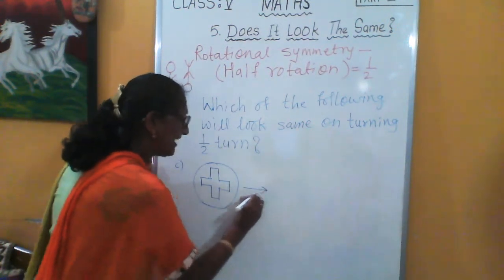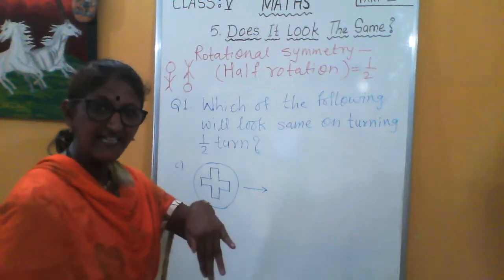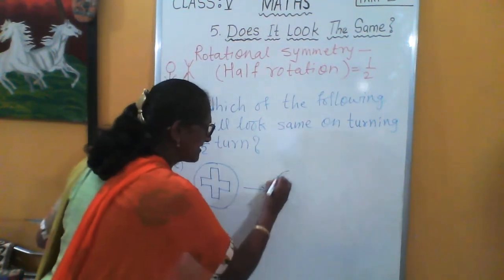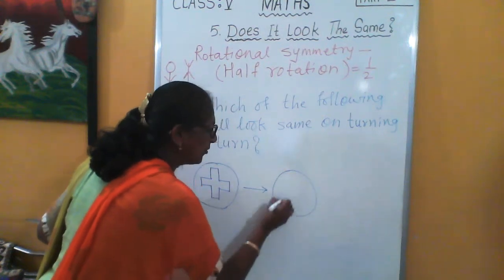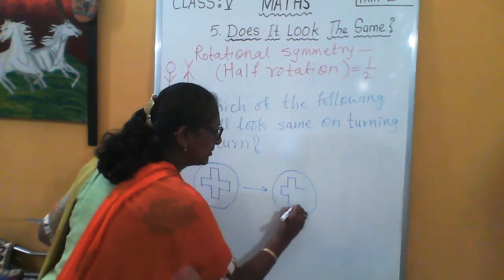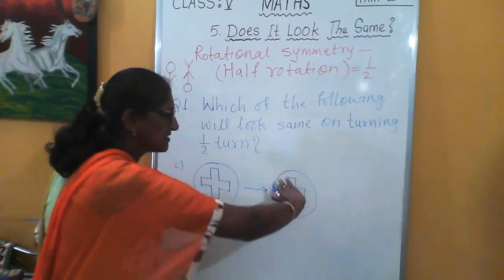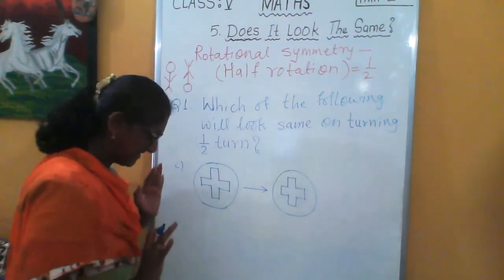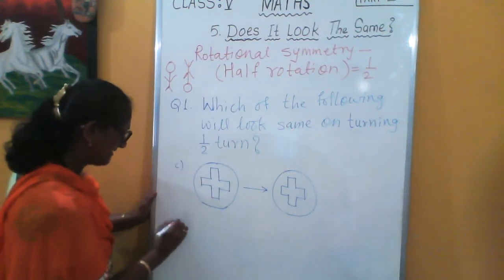So when we turn this sign exactly halfway, think about it. There is no change. Because if we do it like this, also we get the same. So you have to think that.